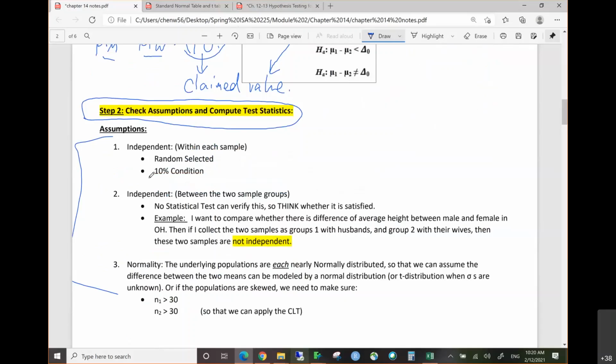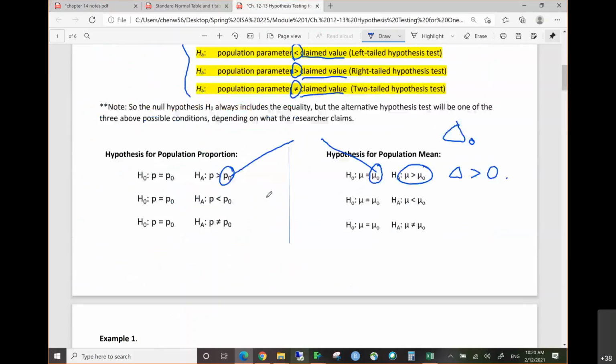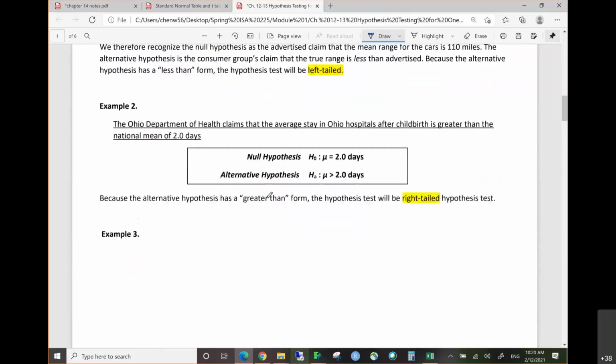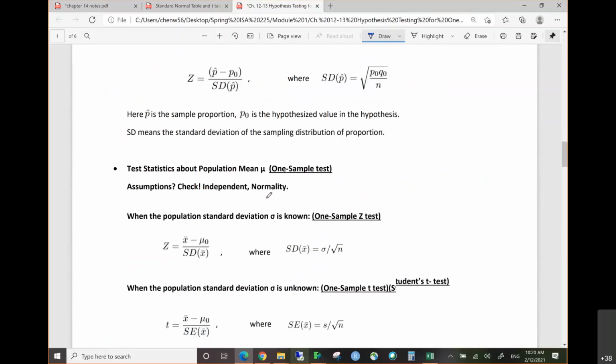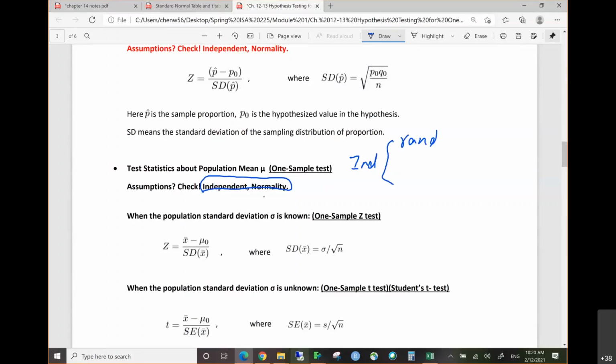Right. So we say we want to test about the population mean. For testing about the population mean, we need to check the assumptions: independent assumption, normality assumption, right? For the independent assumption, we need to check whether the sample is randomly selected, whether the 10% condition is met, right?